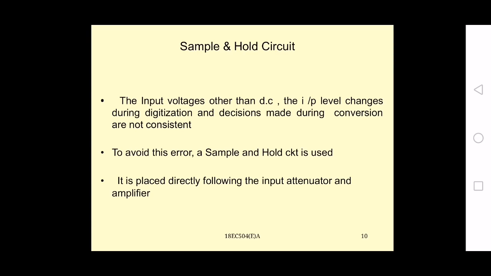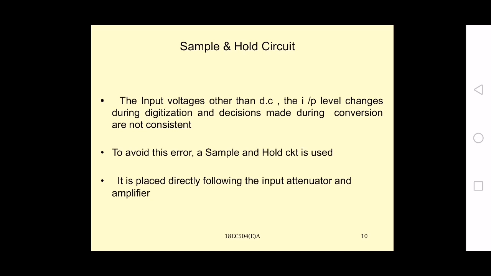So what it will do, as the name says, sample and hold. In sample mode, the switch is closed and the capacitor charges to the input voltage, and in the hold mode, the switch will be open and the capacitor will hold that voltage.